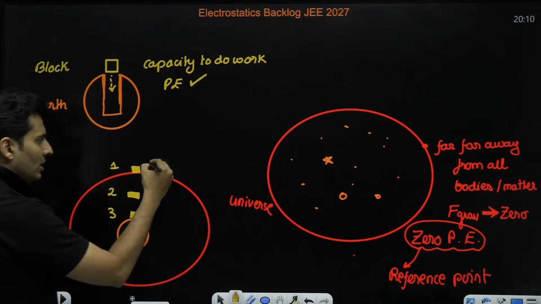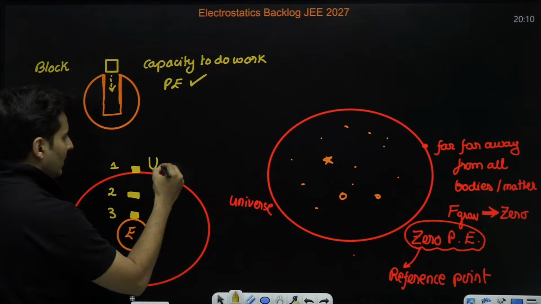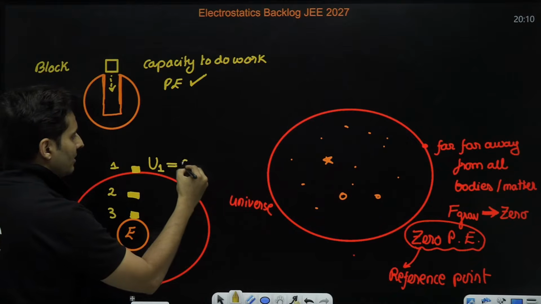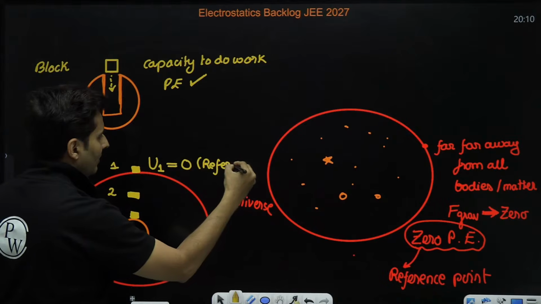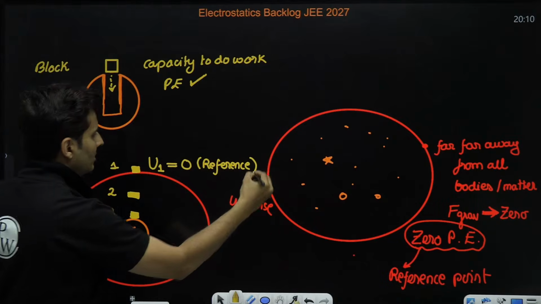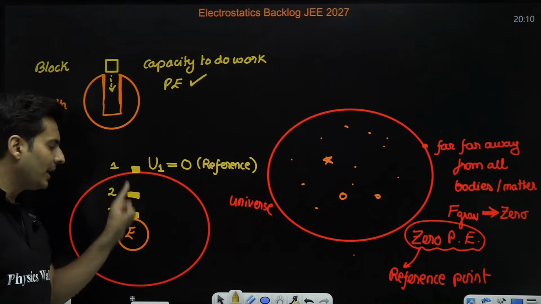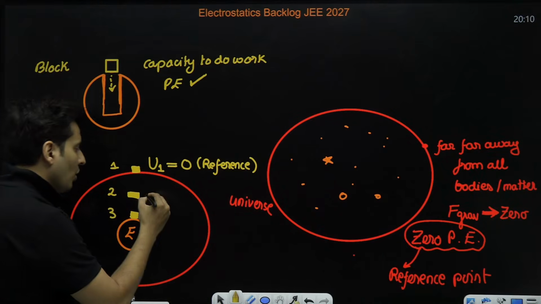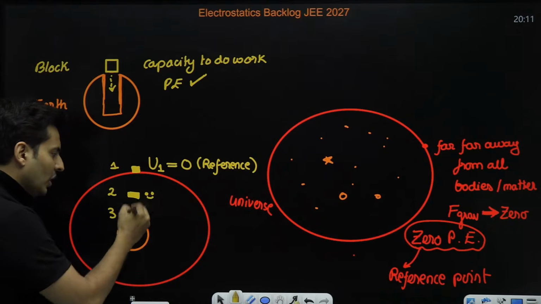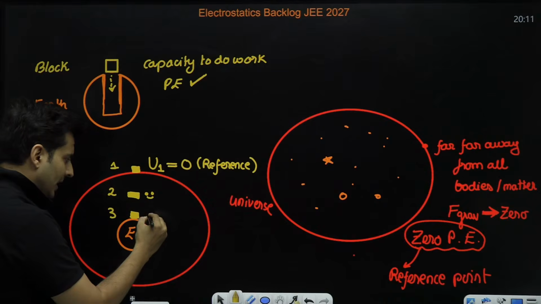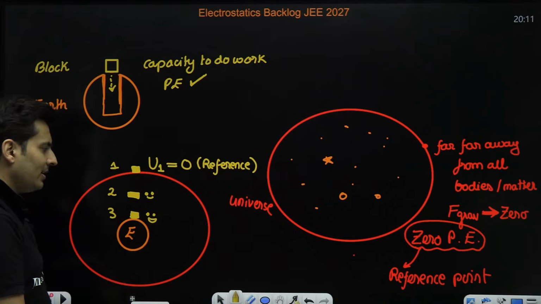I know in situation 1, potential energy at infinity, that means in this particular situation, will be 0, because that is my starting point, that is my reference point. Think, as it comes closer, because of the attractive force, won't it become happy a little bit? Because of coming closer, it will become even more happy, isn't it?